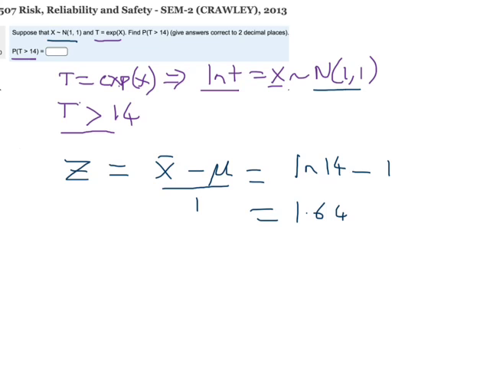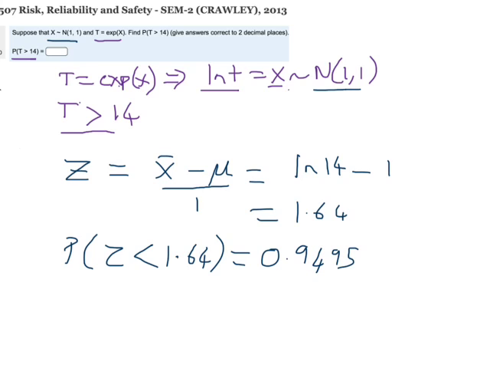The probability that z is less than 1.64, which is what's given to us in the table, is going to be 0.9495. Is that the answer?